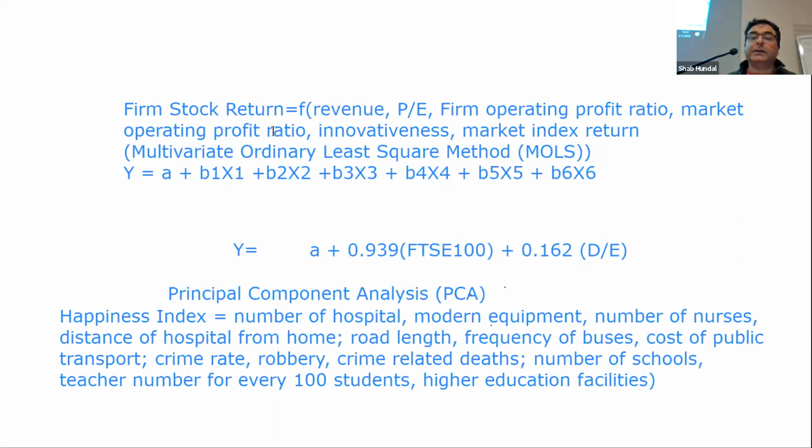Similarly, if you look at the P to E ratio, price to earnings ratio, and you look at the market index return, they are talking about the company's performance in the stock market.